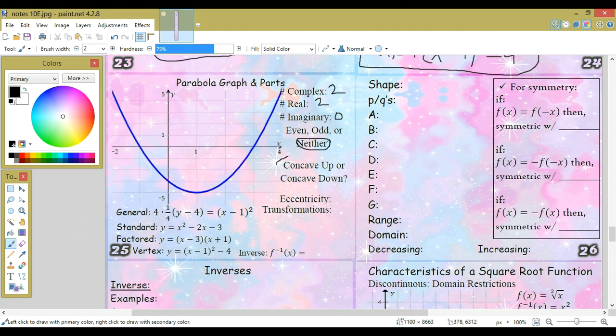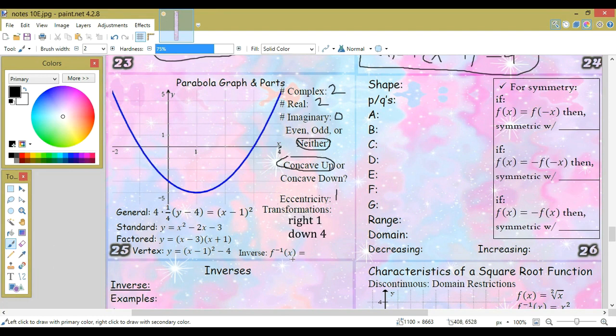It's concave up because if you look at the picture, it looks like a smiley face. We would call that concave up, and we'll talk more about that on page 31. The eccentricity of all parabolas is 1, and the transformations on this one are right 1 and down 4.